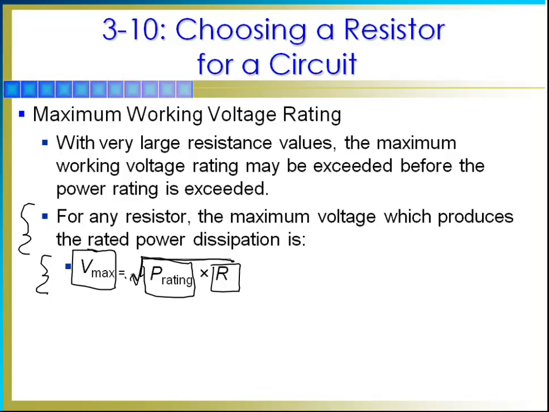So the maximum working voltage may be exceeded before the power rating is exceeded. And if you do that, you're going to cause internal arcing of the resistor, so you're going to cause the resistor to break down and become a hunk of wire instead of a resistor. Let's see here.